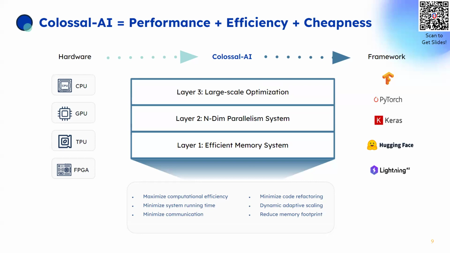So GPT-3 has roughly 200 billion, that's 200 multiplied by 10 to the power of 9 parameters.